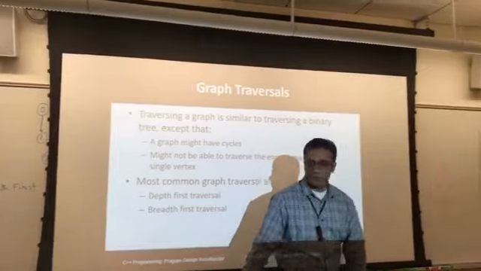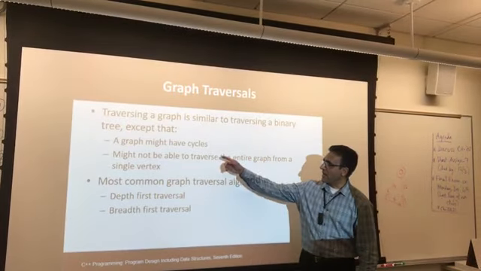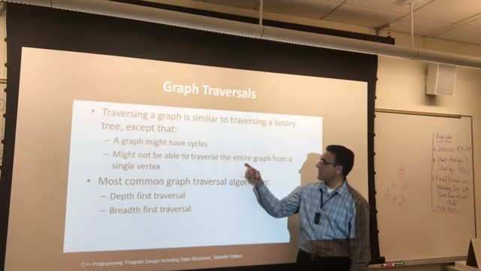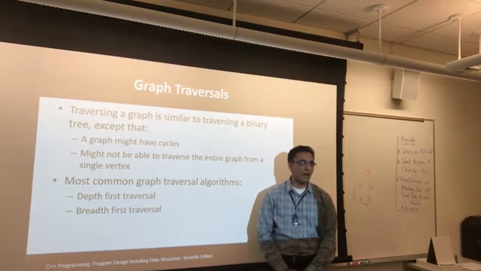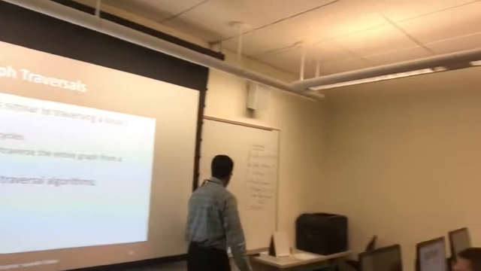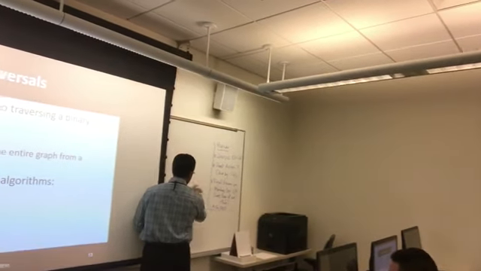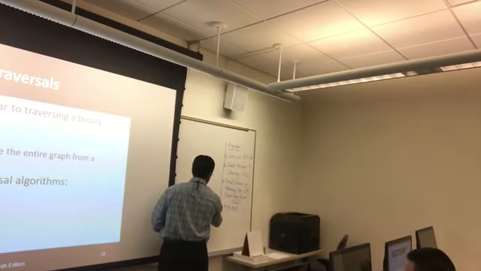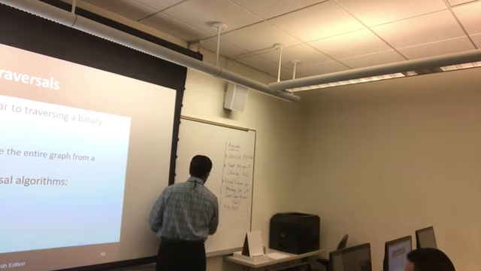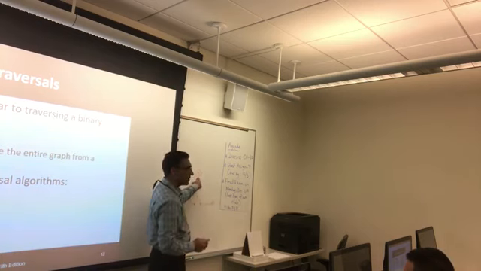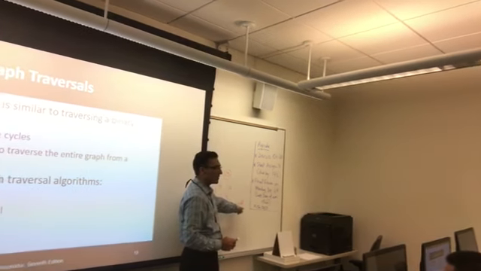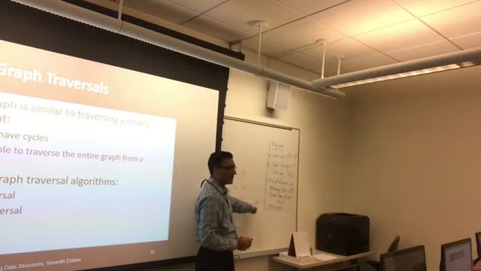Traversing a graph is similar to traversing a binary tree. A graph might have cycles, and it might not be possible to traverse the entire graph from a single vertex, because some vertices are not connected directly. Let's say 6 is sitting here. I cannot start from 0 and get to 6. You see what I'm saying?